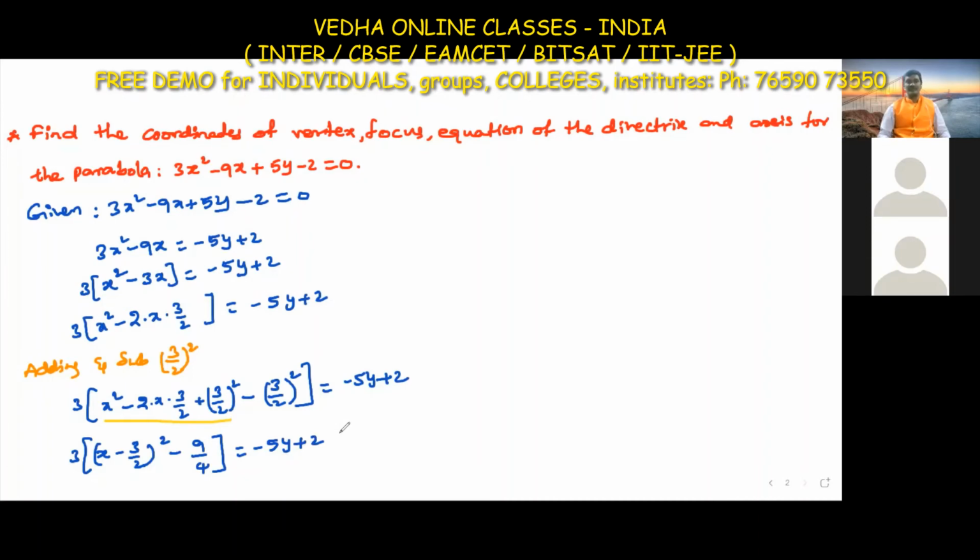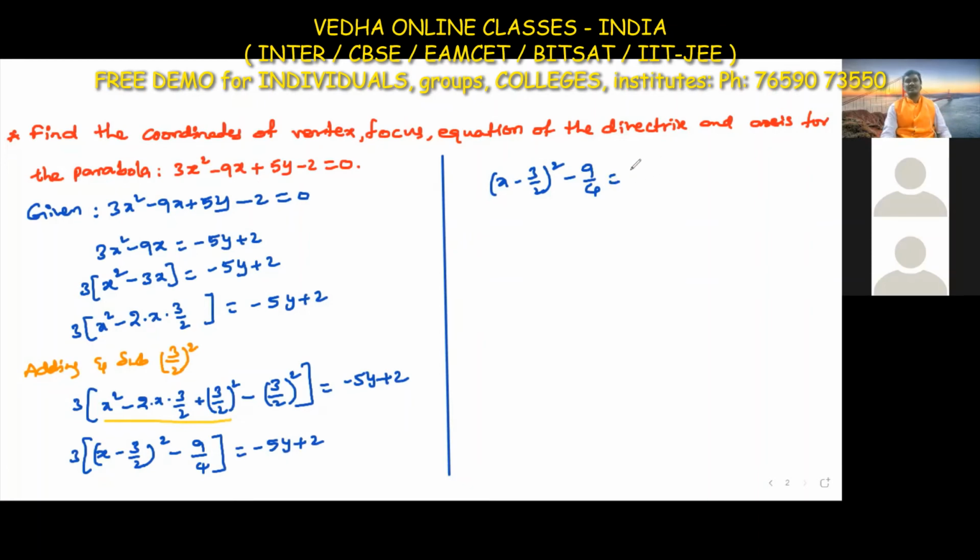Now send this 3 to the right side. So we get 3 into x minus 3 by 2 whole square minus 9 by 4 is equal to minus 5y plus 2.